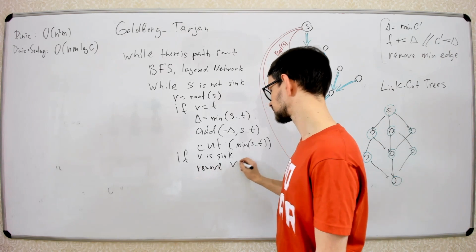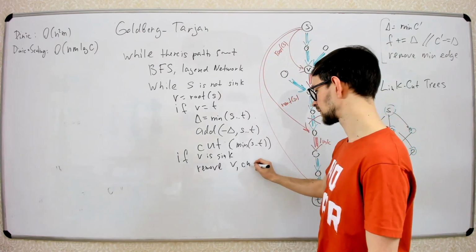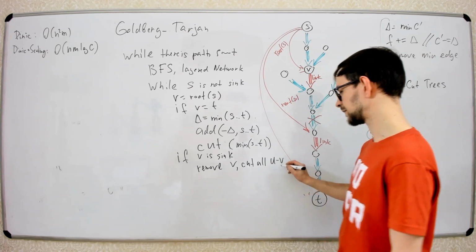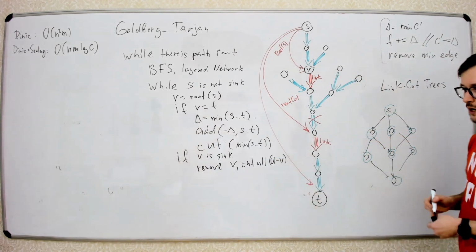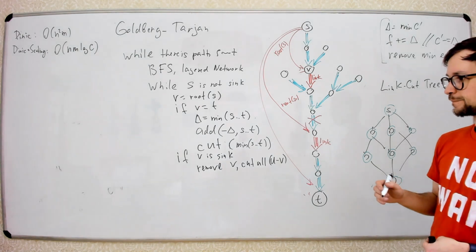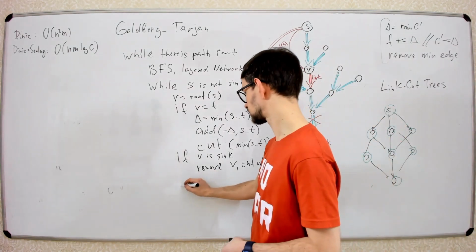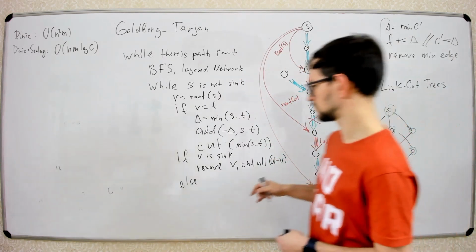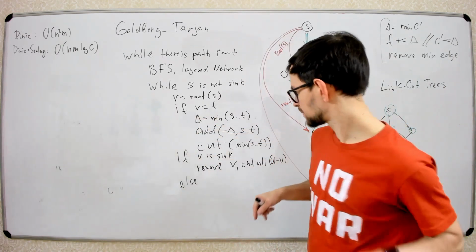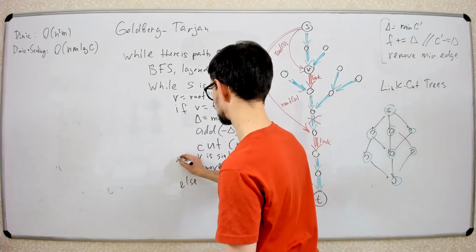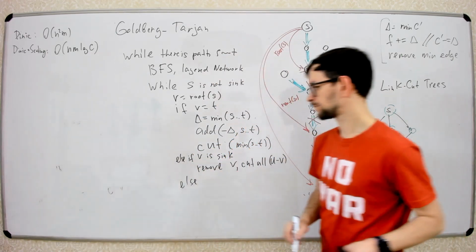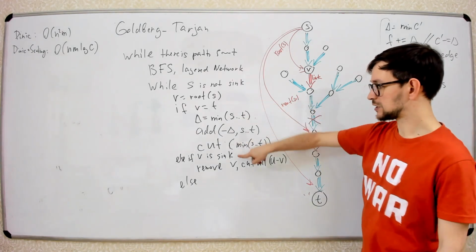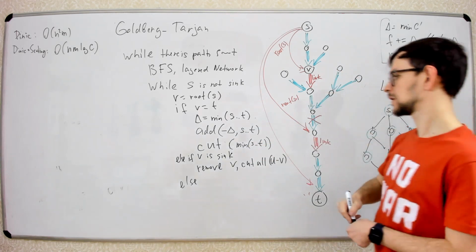Cut all edges (v, u) into V. Now, if it is not sink, else if it is not T and it is not sink, we make this link.